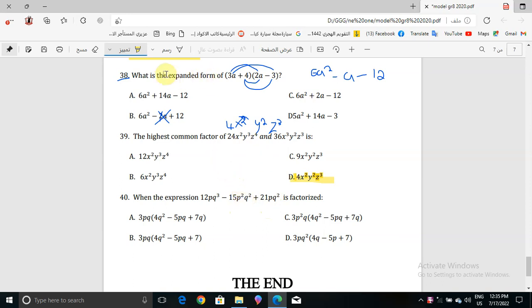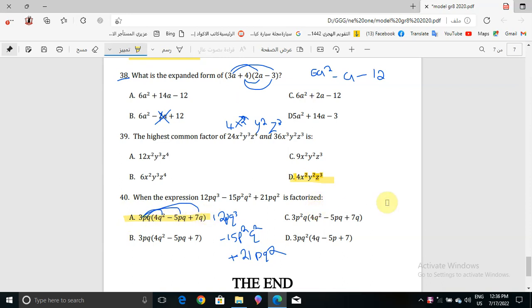When it is factorized, it will be 3pq times 4q squared minus 5pq plus 7q, which will give us 12pq cube minus 15p squared q squared plus 21pq squared. So that means choice A is the correct answer for question number 40.